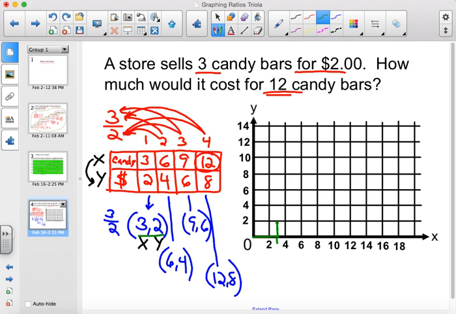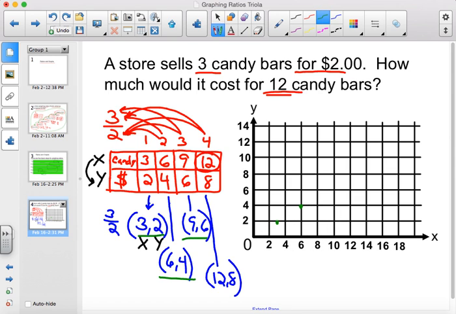Over 3 and up to 2. So then our next one is 6, 4. So we come over to 6 and up to 4. And remember, you don't need to draw those lines. You can just plot the points.